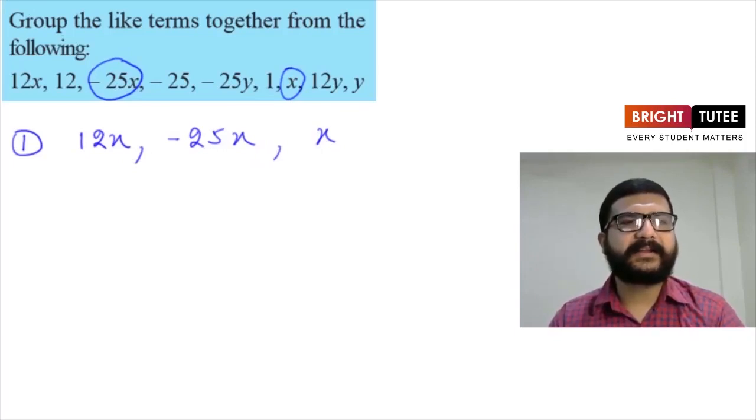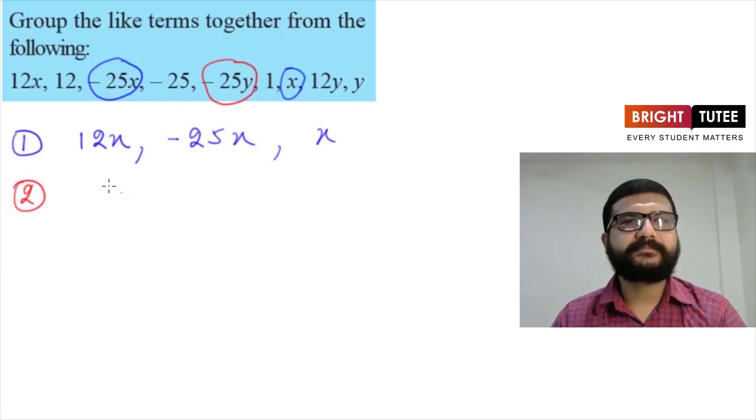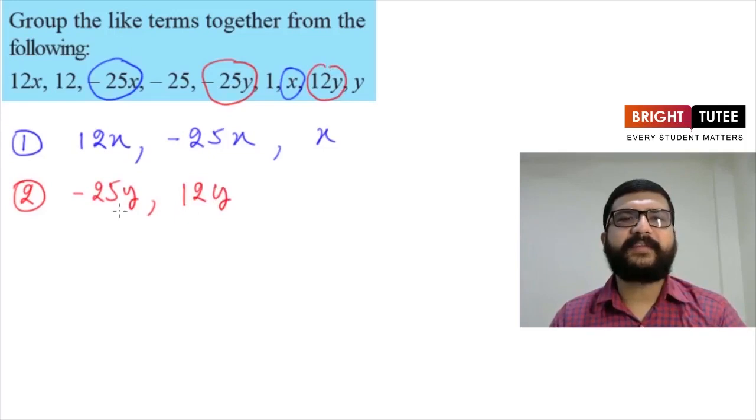Similarly, we can have other like terms also. Let's say the second group. In this we have minus 25y, and then it will be 12y, because the algebraic factors are exactly the same. It is y in both the cases, and then we will have y.